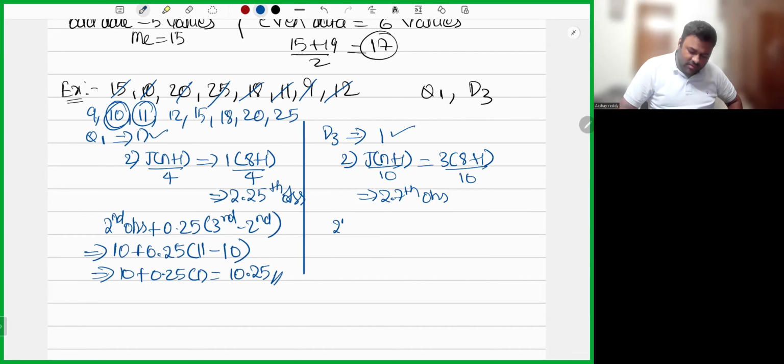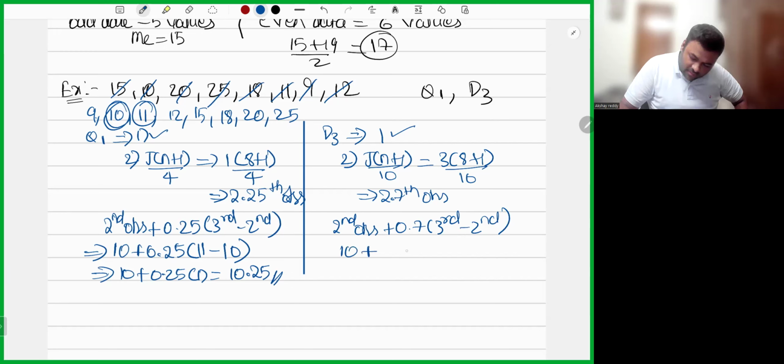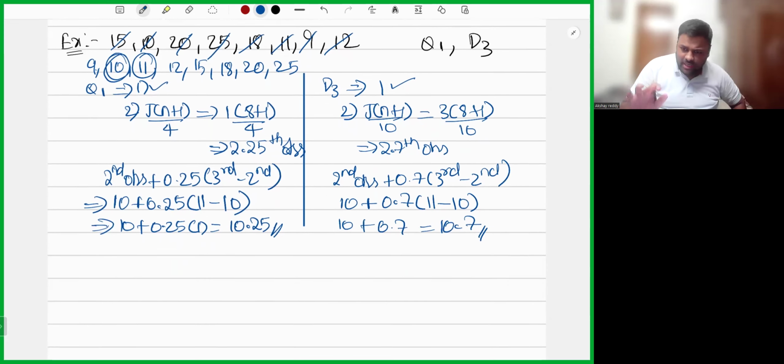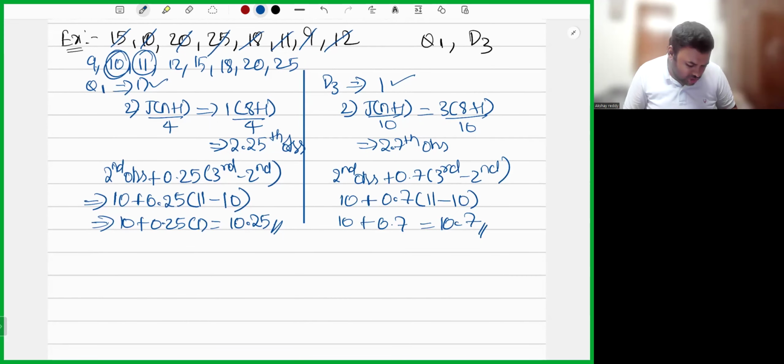So second observation, 2.7 means it lies between 2 and 3, plus 0.7 into third minus second. What is the second observation? 10 plus 0.7 into 11 minus 10, which is 10 plus 0.7, so 10.7. I hope it's fine, everybody, how to calculate. Please calculate this and tell me the answer. Then we'll wind up the session.